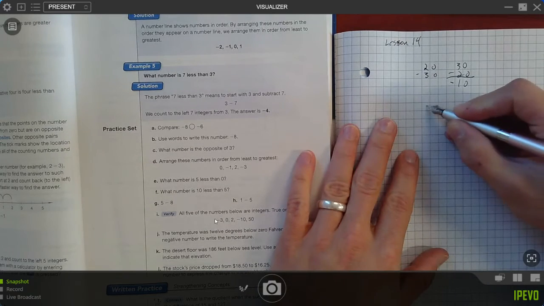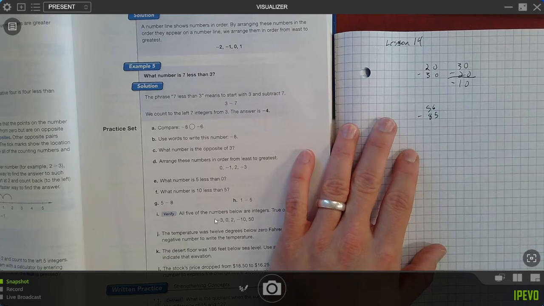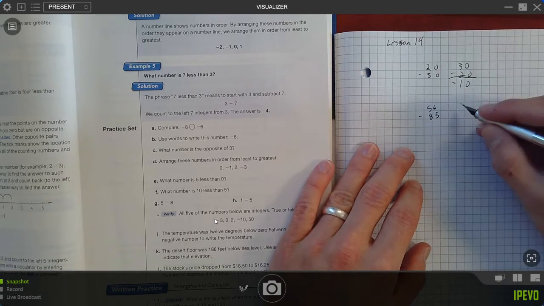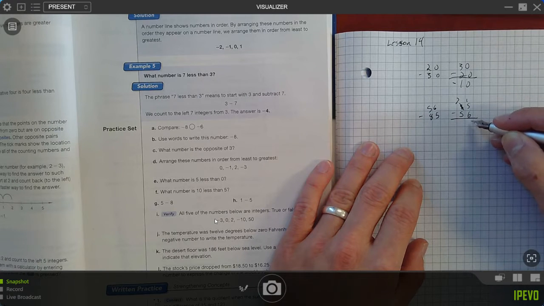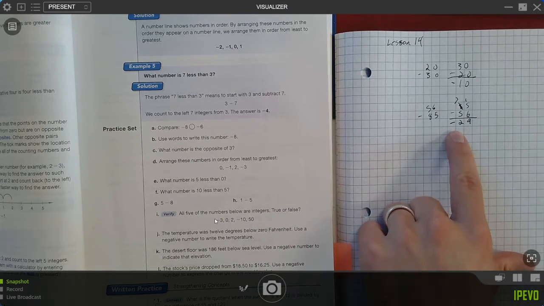If we have 56 minus 85. Okay, this one's harder to do in your head. What we'll do is we'll do 85 minus 56, that's 29. But now we have to remember to make it negative 29.